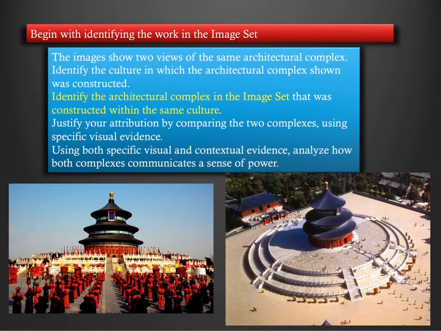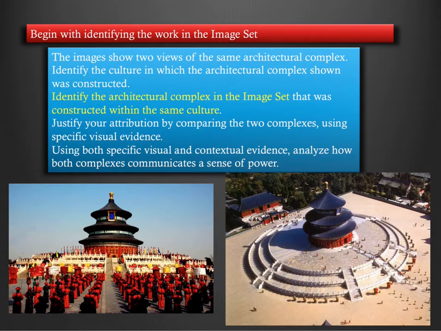You can especially see it in the image on the right with the building in the back there. Glazed roof tiles, and they just overall look Chinese. Okay, so now we've justified our attribution by comparing them using visual evidence. This is what the 2 things look like.